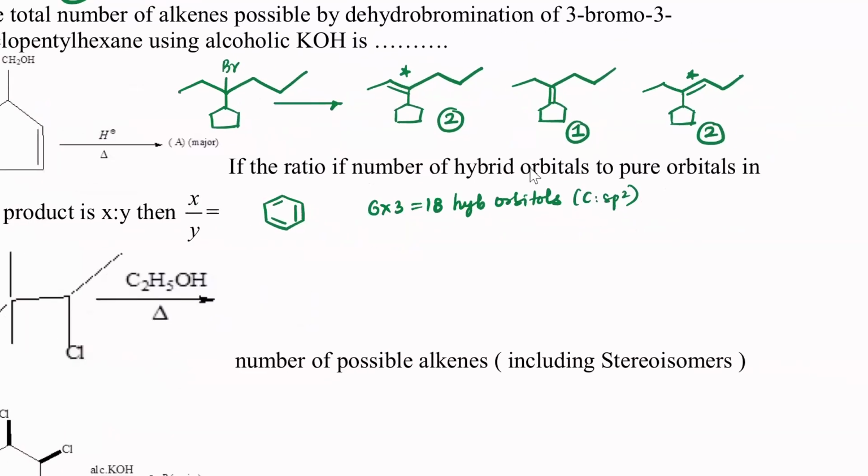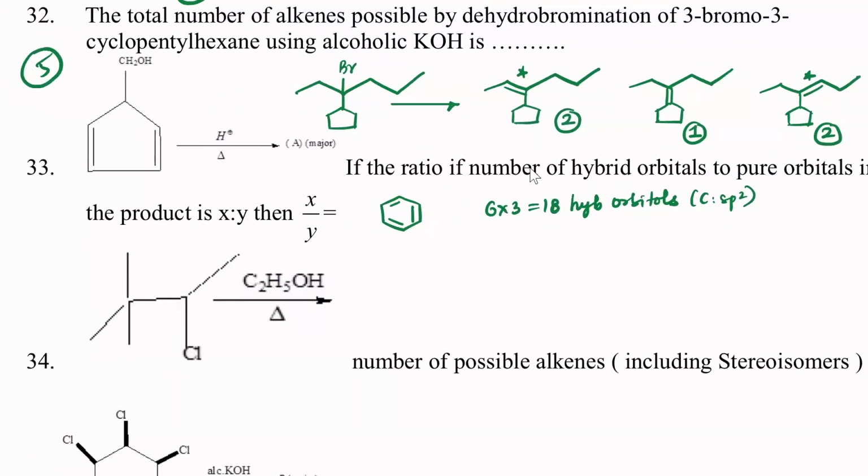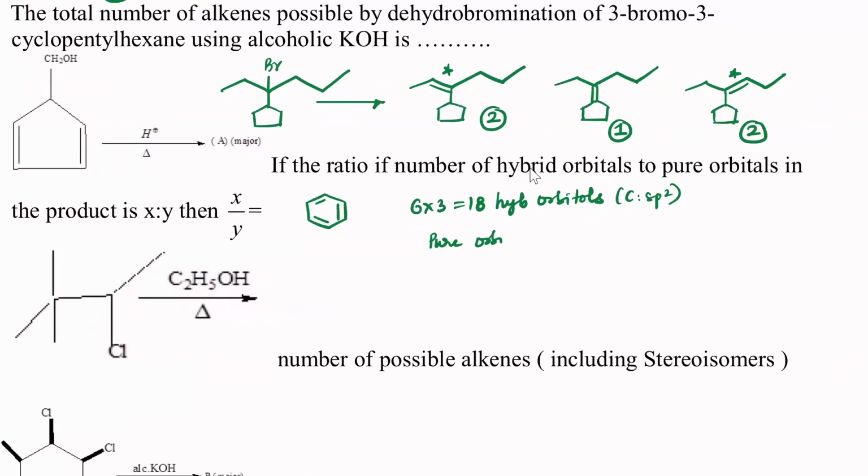And next one is pure orbitals. How many pure orbitals do we have? Each carbon will have one pure orbital here like this, which will make a pi bond. So when it comes to pure orbitals, that is going to be 6.